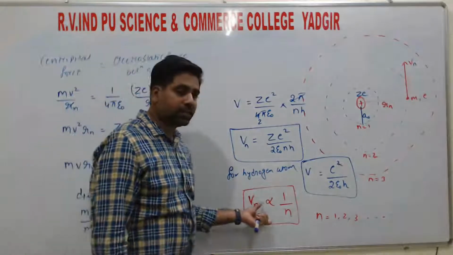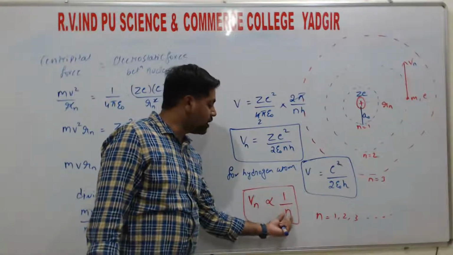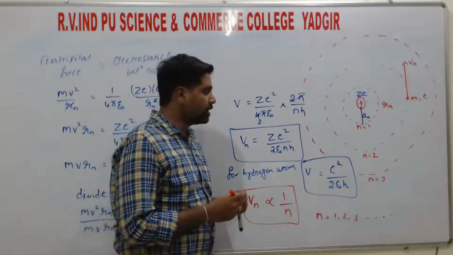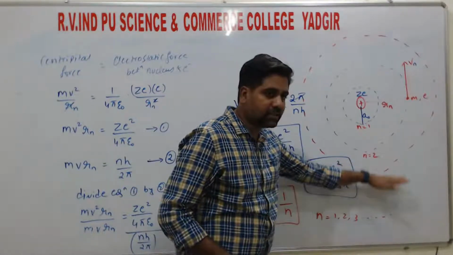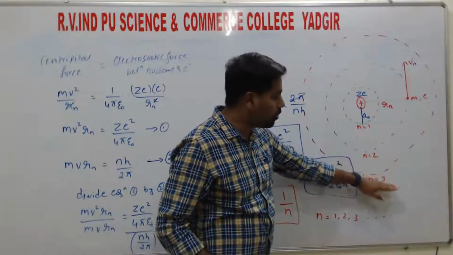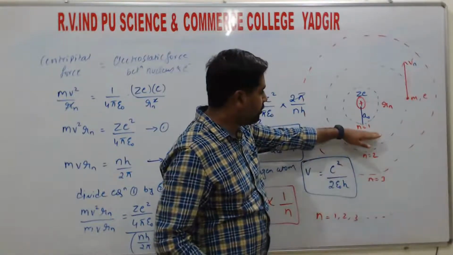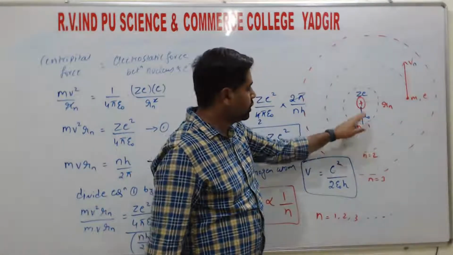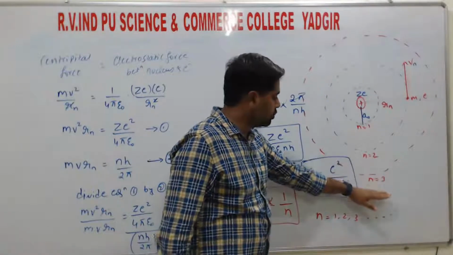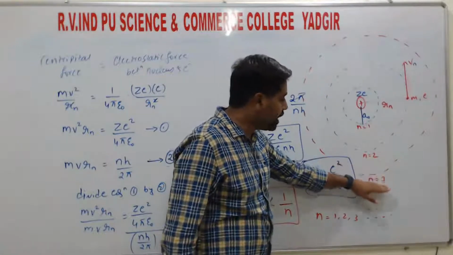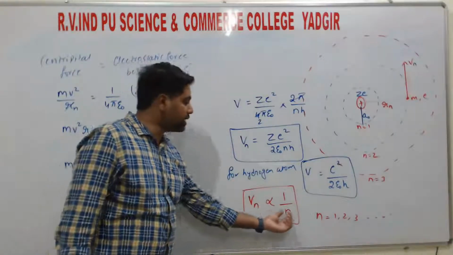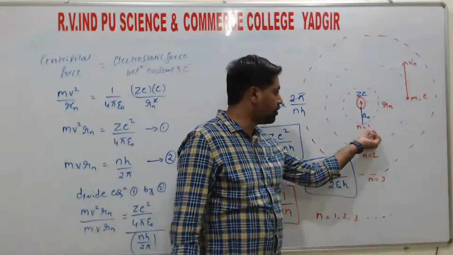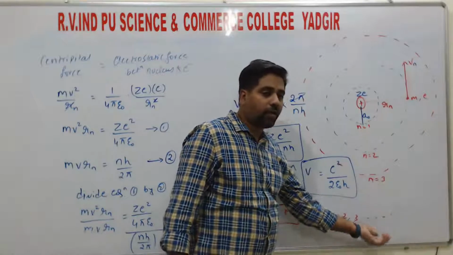So from this relation we can say, as the number of orbits increases, the order of the orbits changes. Here we have the initial 1, after that we have 2, 3, right? So the n value changes: 1, 2, 3, 4, 5, like that.